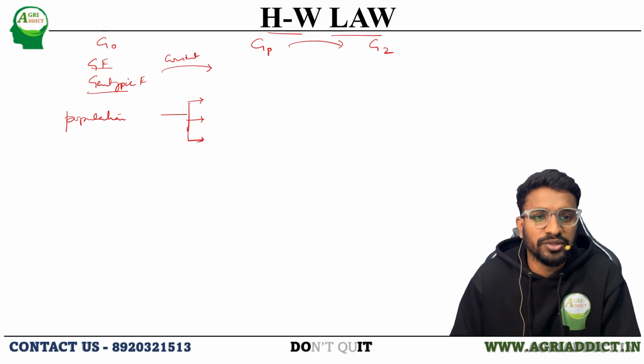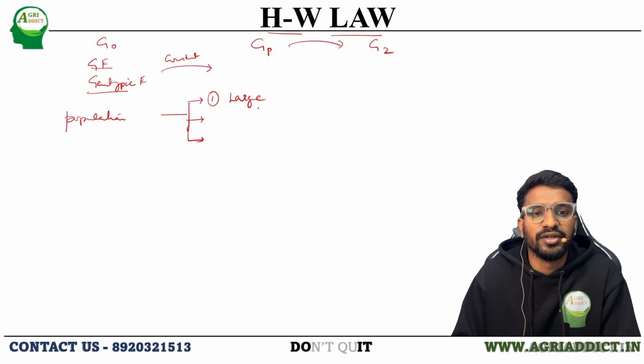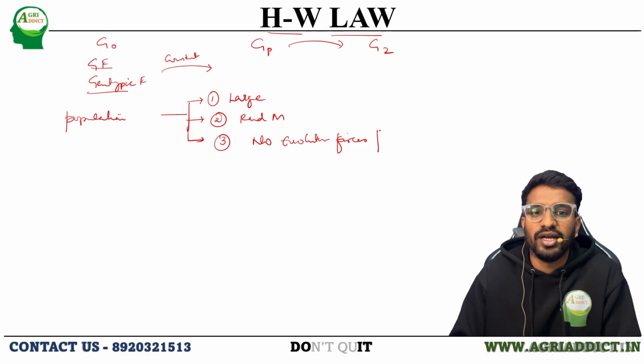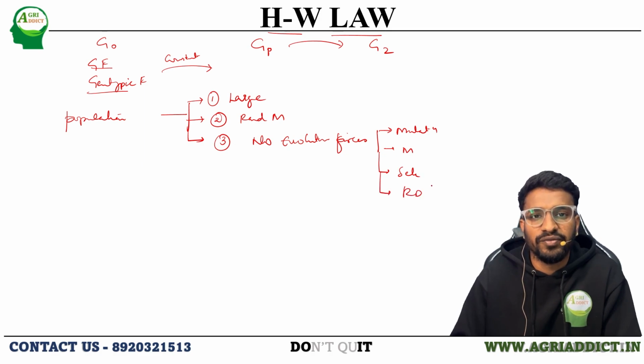So what are those assumptions? The population should be sufficiently large, it should be completely random mating, and there should be no evolutionary forces acting on the population. The evolutionary forces can be mutation, migration, selection, or random drift, which is also called genetic drift.